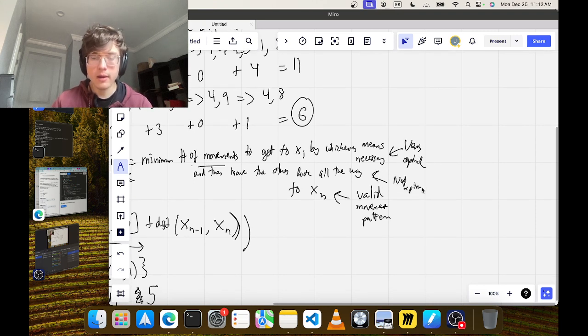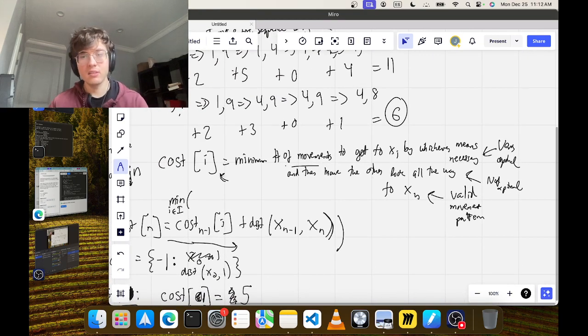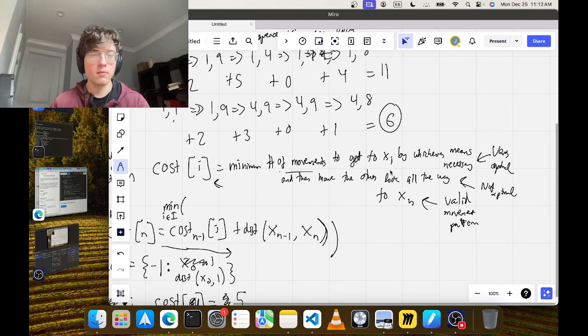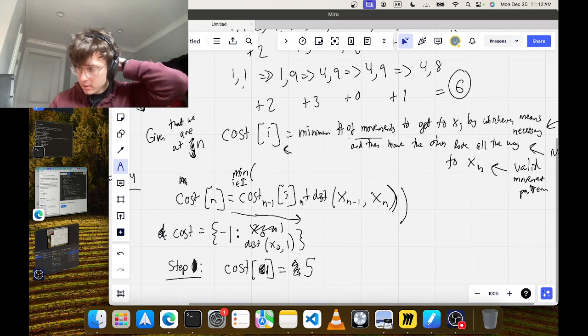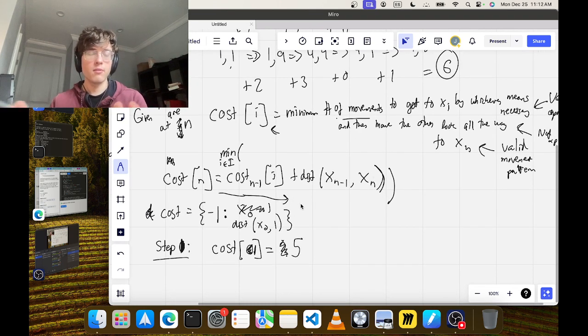However, if we are at xn, then cost of n is just this first part, because we've already touched xn. So this will be the optimal strategy: if we're at step n and we calculate cost n, that is the optimal strategy to get to xn, but we don't think about the future locks.